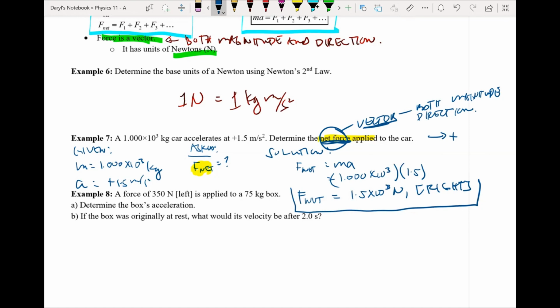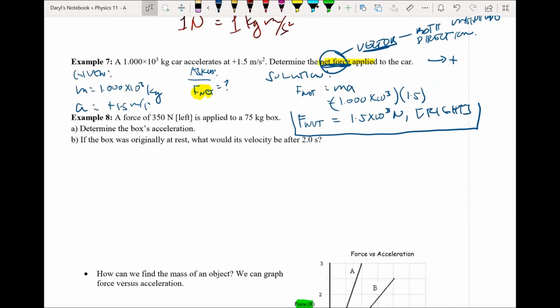Let's take the second example, number 8. A force of 350 Newtons to the left is applied to a 75 kilogram box. Determine the box's acceleration. If the box was originally at rest, what is its velocity after 2 seconds?